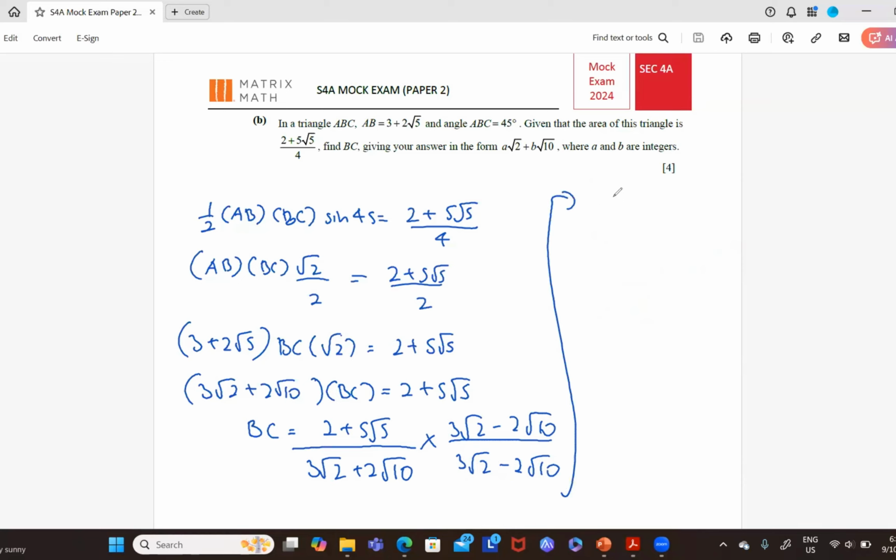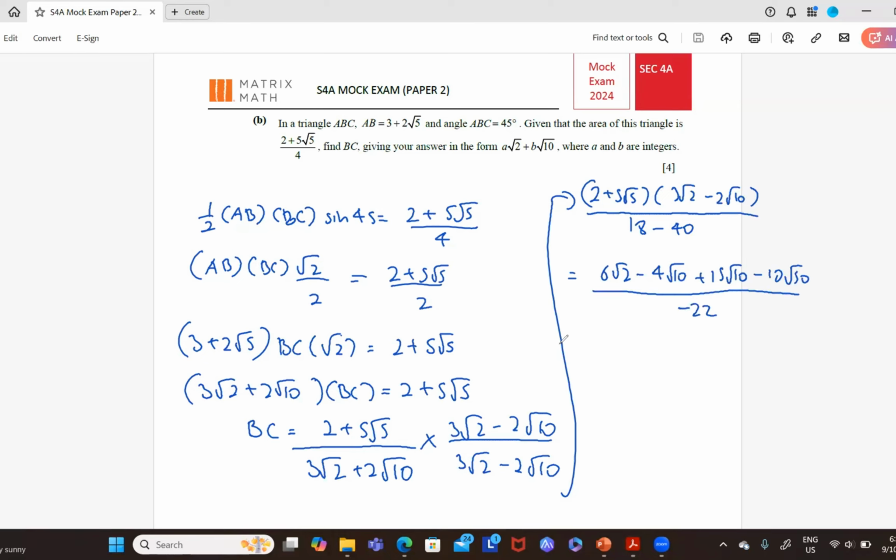So continuing on from here, now this would be 18 minus 40. That is 6 square root 2 minus 4 square root 10 plus 15 square root 10 minus 10 square root 5 over minus 22.